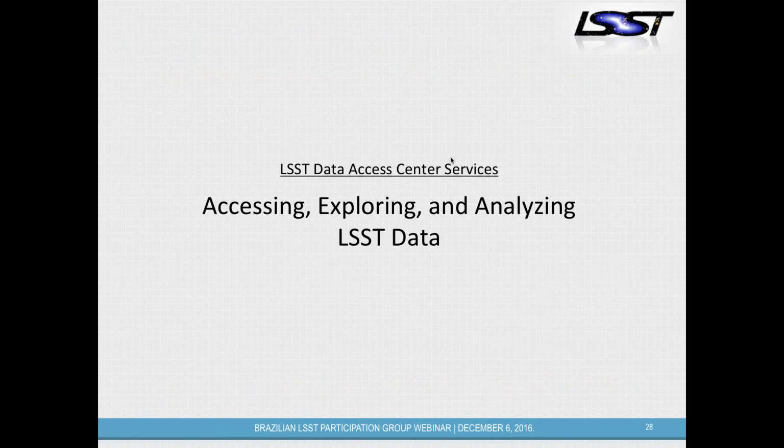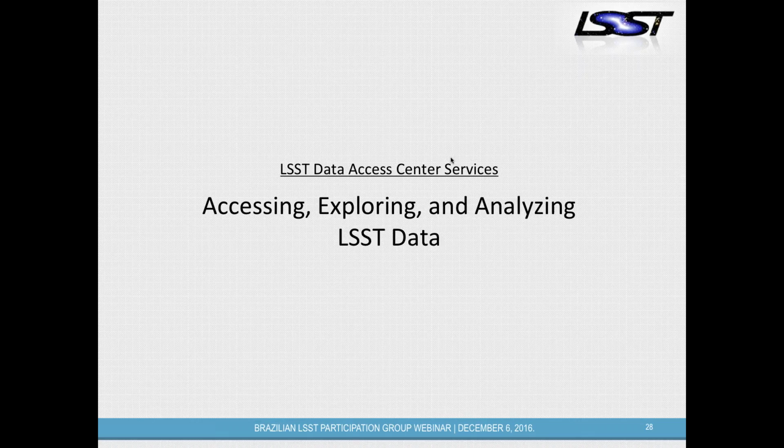Now, how do we enable all of this work? How do we enable you to access, explore, and analyze level 1 and level 2 data and to create level 3 data sets? We do it by providing a number of LSST Data Access Center services. We're essentially trying to build a platform on which to do science in the LSST Data Center.